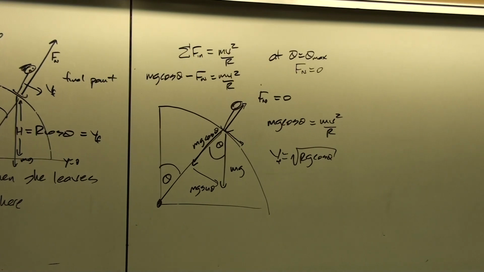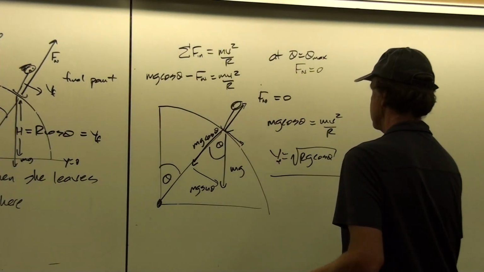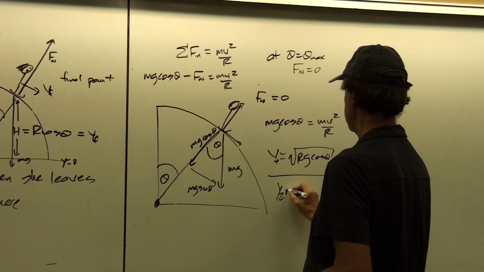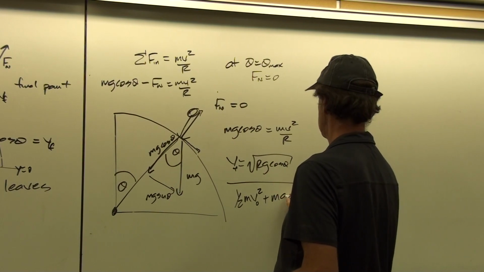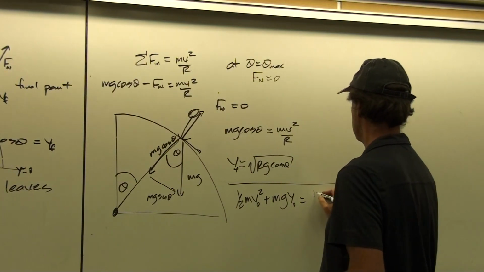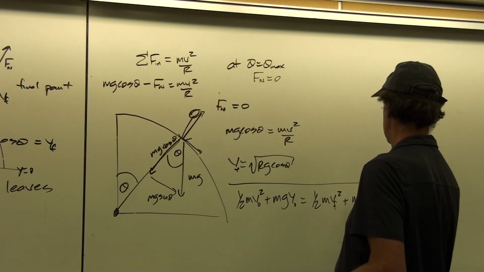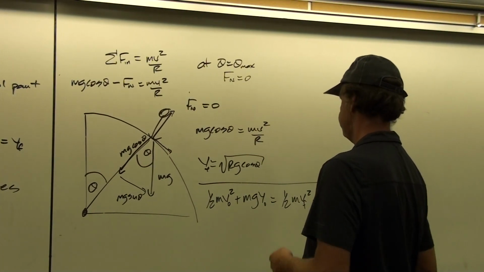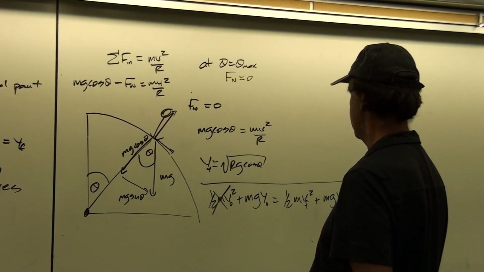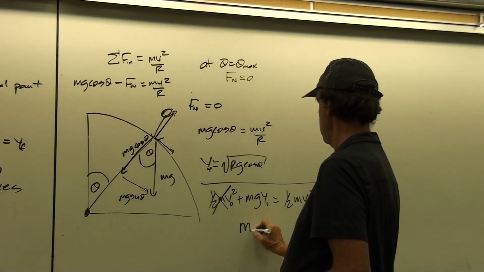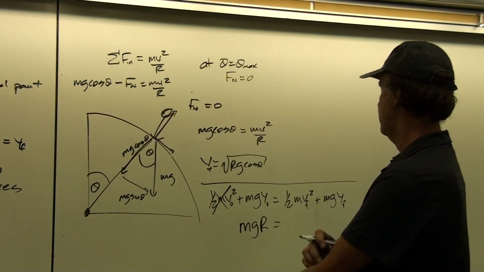Okay? And so now I can write the energy equation, which is just the same old energy equation that I've been writing before. 1/2 m v naught squared plus mg y naught equals 1/2 m v final squared plus mg y final. Now the initial velocity is 0, so that's gone. So we have mg times r, because y naught is r.